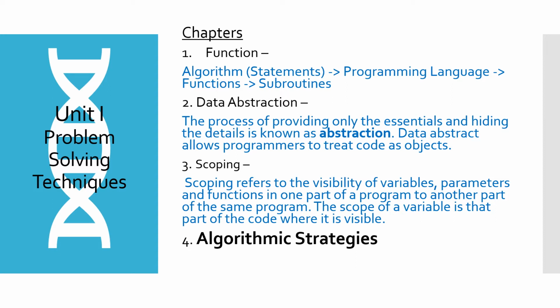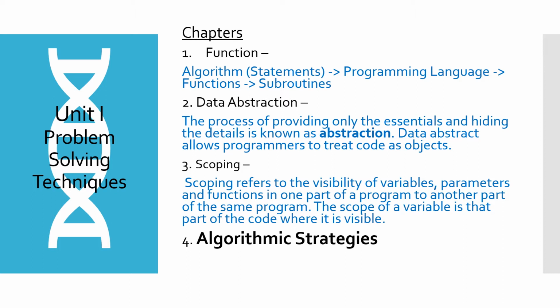As we discussed before, a function is a fundamental element of a programming language, and a function can have one or more subroutines. For a programming language to perform properly, an algorithmic statement is very important.